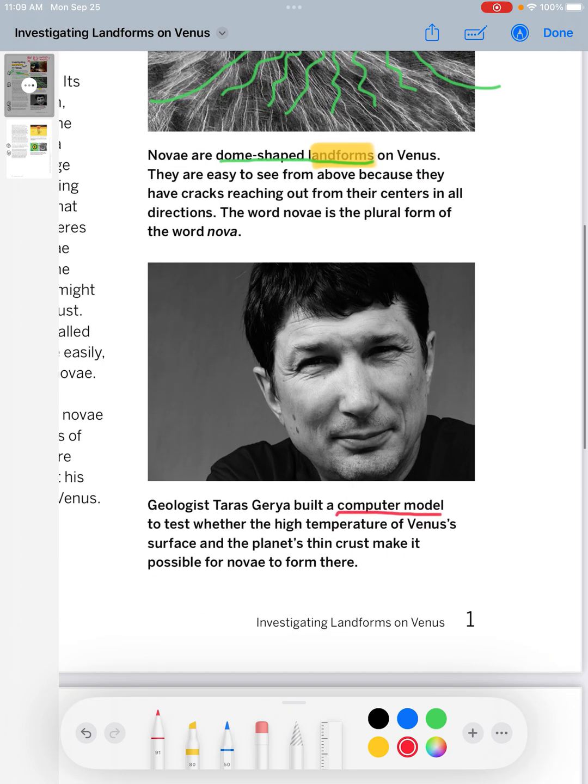So he built a computer model to do what? To test whether the high temperature of Venus's surface and the planet's thin crust make it possible for novae to form there. This is great. I'm going to erase this star, and I'm going to make it go more down this way. Okay?